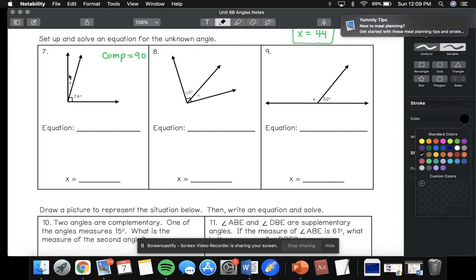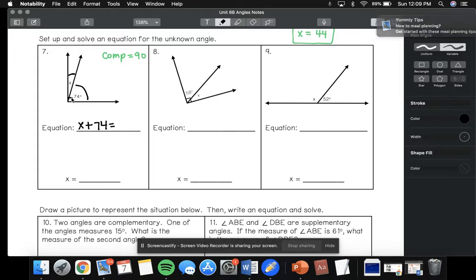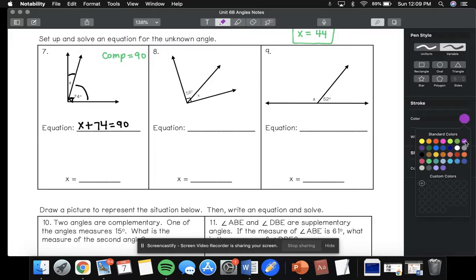So we have this little angle X plus this bigger angle 74, and together it has to equal this right angle of 90 degrees. So we're going to move over the 74 with a negative 74, and we get x equals 16, which means that this little angle is 16 degrees.